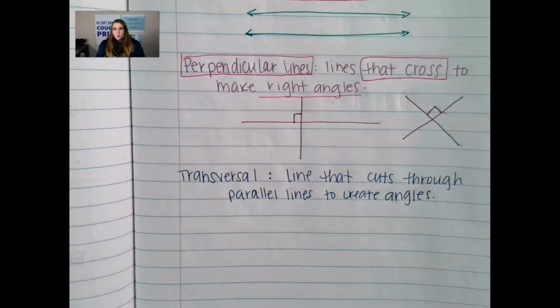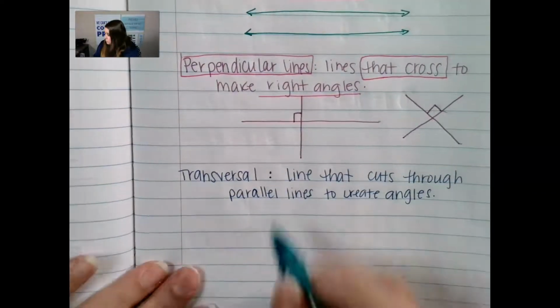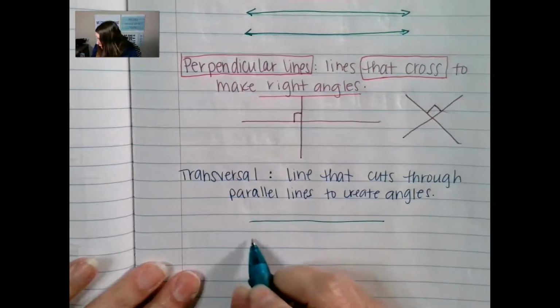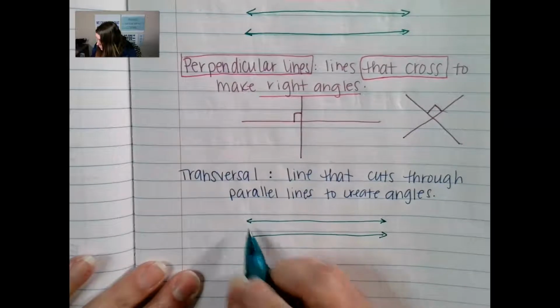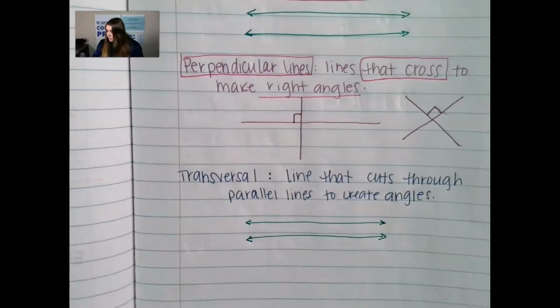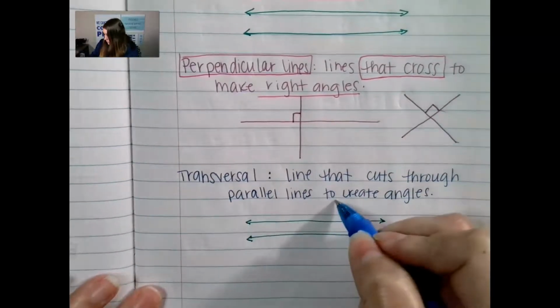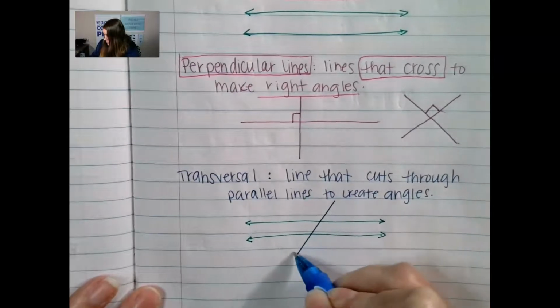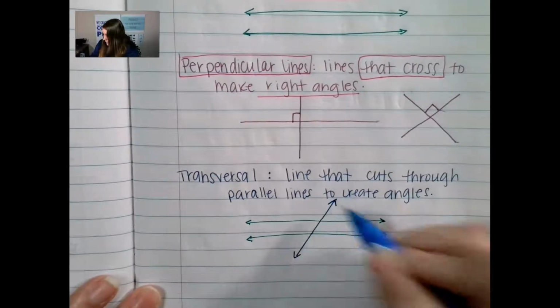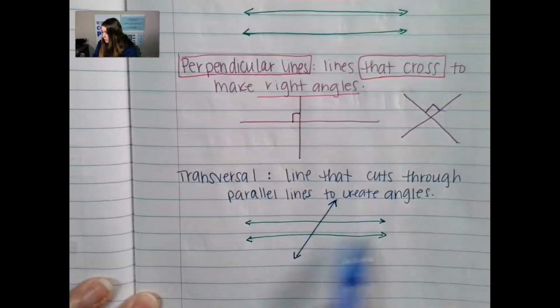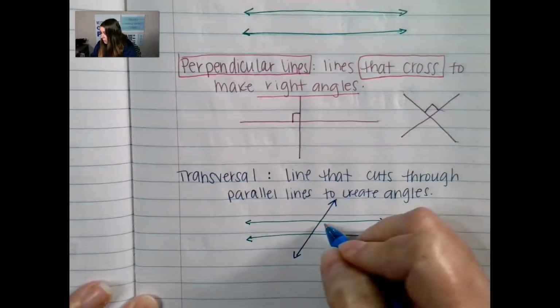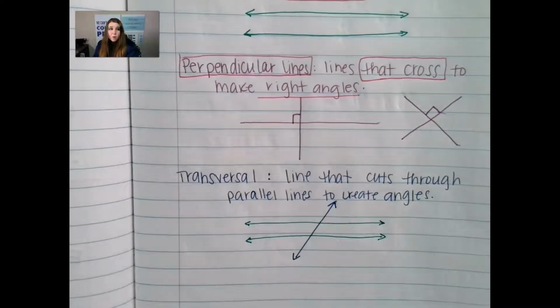Okay, so here's our parallel lines that we have, like this. These ones don't touch. However, when you have a transversal, it cuts through it. This blue line right here is your transversal. It's cut through these two parallel lines, and now you have angles that have formed.